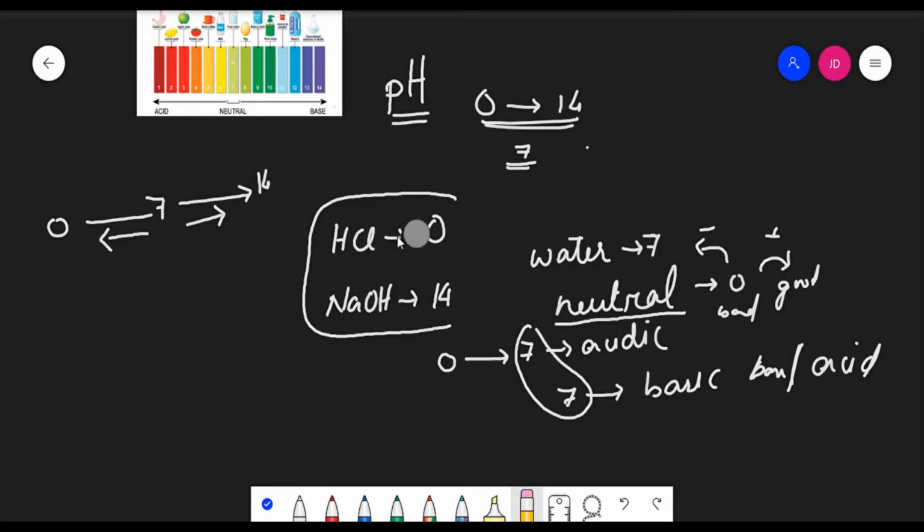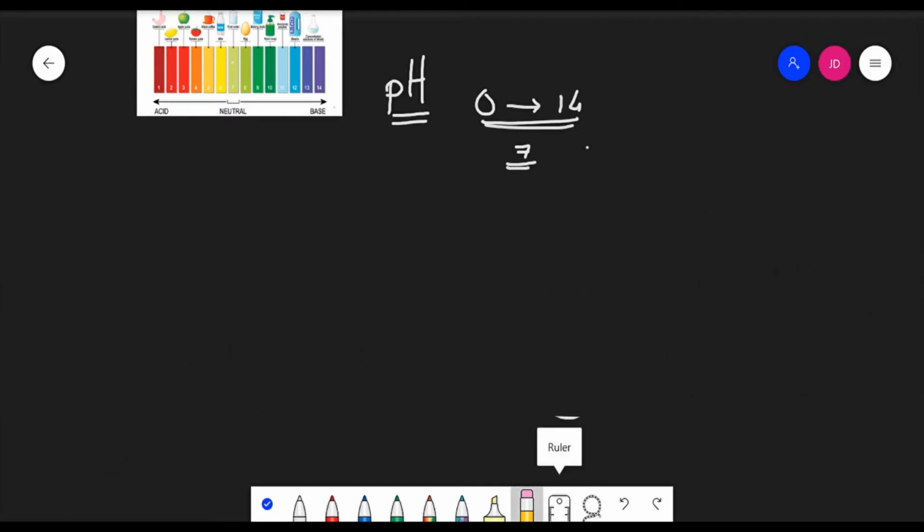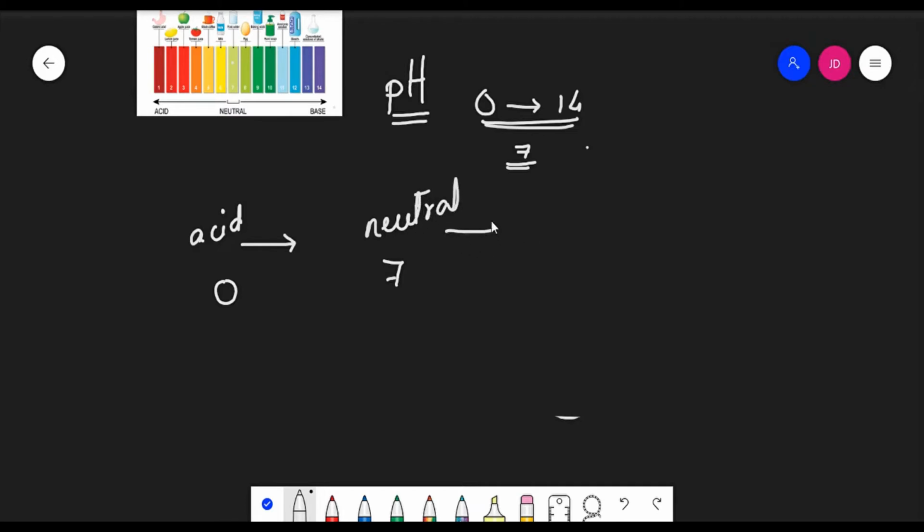So in short, on the pH scale, 0 is the strongest acid. As you go along, it becomes a weaker acid, weaker acid, weaker acid. At 7, it will neither be acid nor base, it will be exactly neutral. And as you go further up to 14, the 14 will be the strongest base.